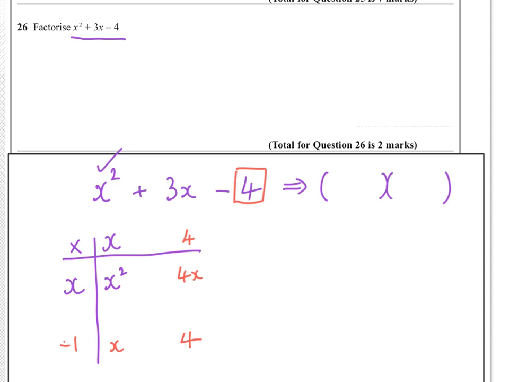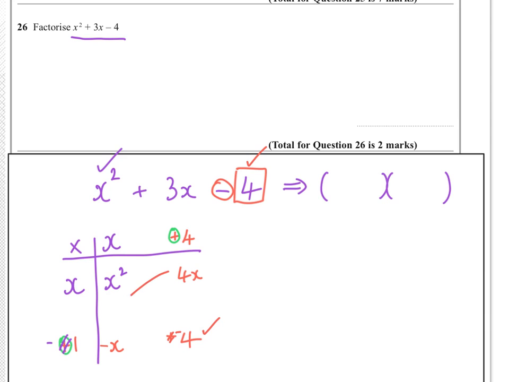Now, we know then that it can't be plus 1 and plus 4 because we have a plus 4 here, but we need to have a negative 4. So one of these would have to be negative. So can you see which one would give the answer? Well, if we made this one negative, then we'd have here negative 1 times x would give negative x, and then negative 1 times positive 4 would make this one a negative 4, and that's what we want here.